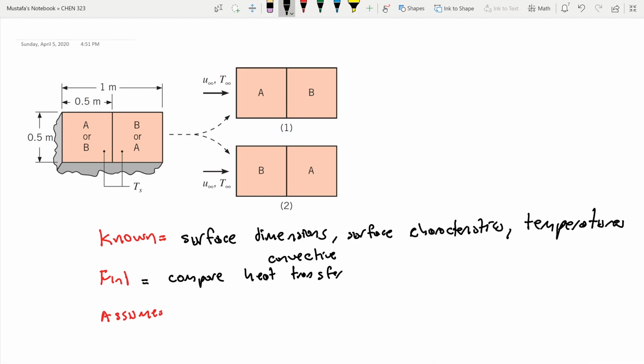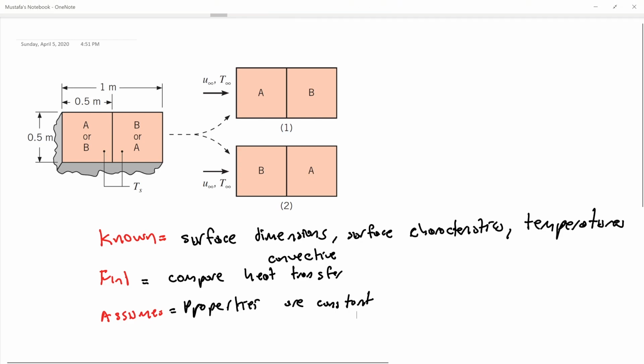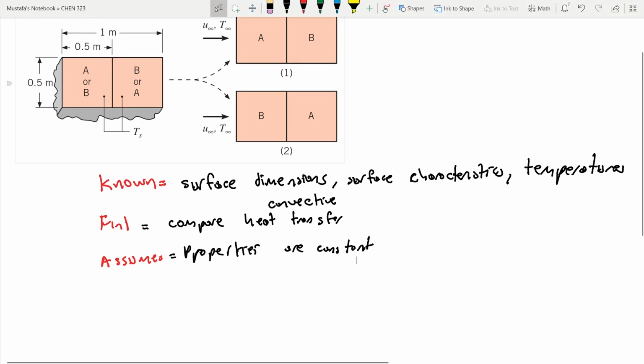So we'll assume properties are constant. Okay, so now we need to look up the properties. When you need to calculate Reynolds number and Prandtl number, you need to know what temperature to evaluate at, because some of the properties are extremely sensitive to temperature.